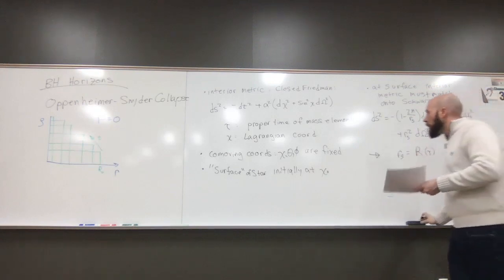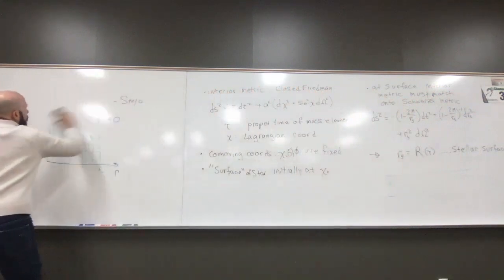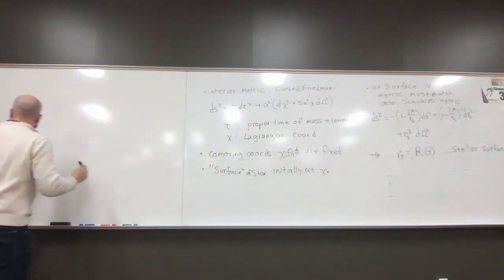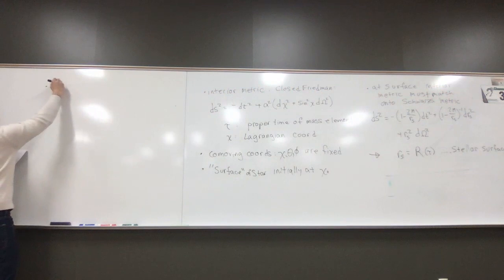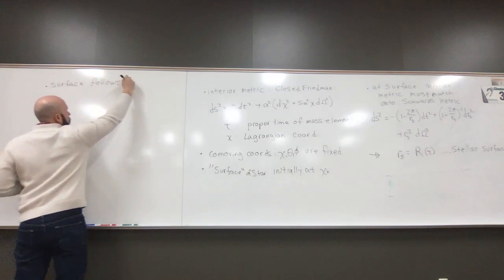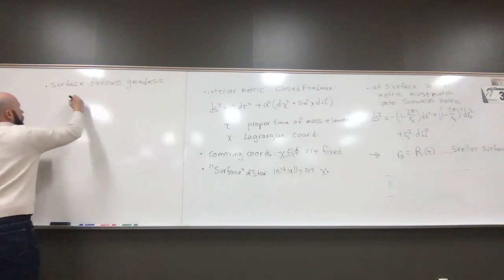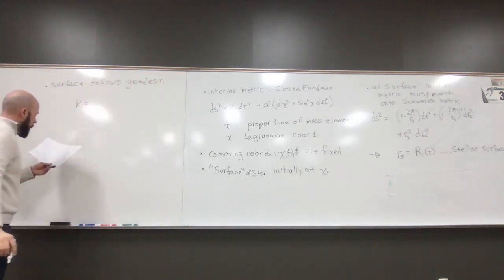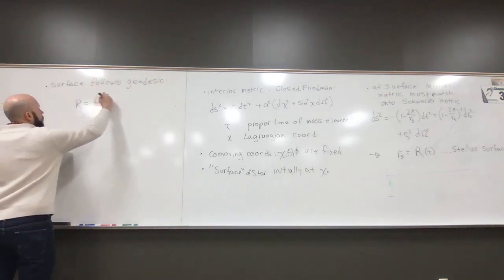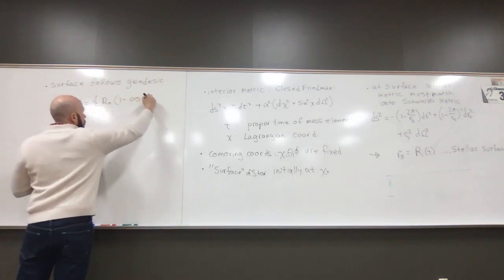So that gives us a constraint there. Now, since the surface must follow a radial geodesic, we can write down something using our Schwarzschild metric and this constraint on our coordinates. The surface follows a geodesic, and that gives us, for our radius as a function of proper time, 1/2 r naught times 1 minus cosine eta.